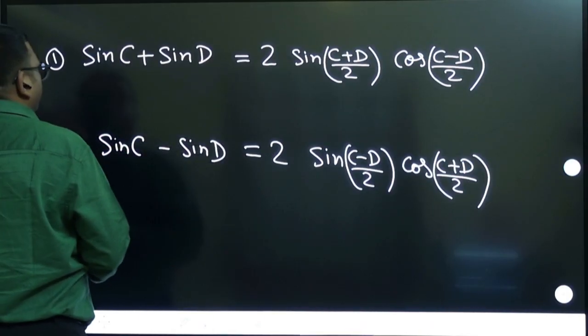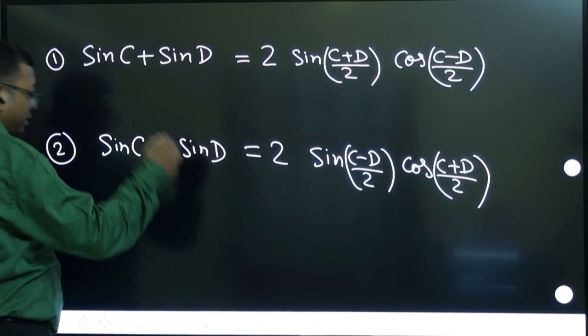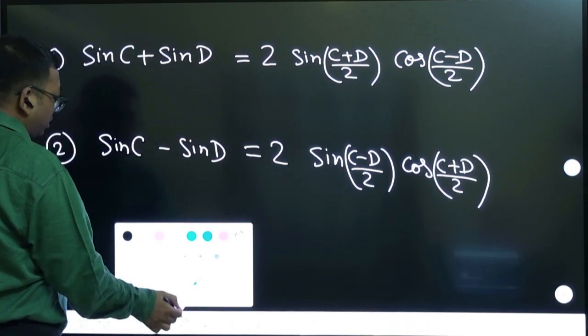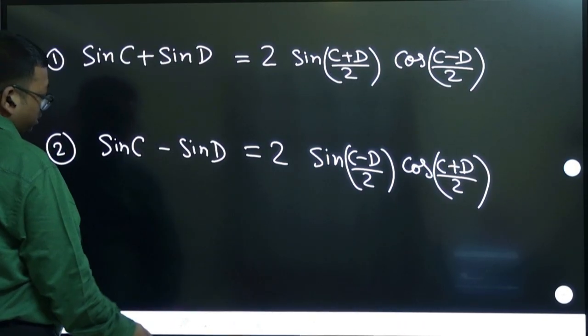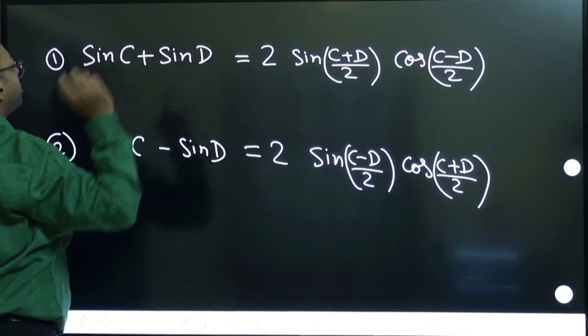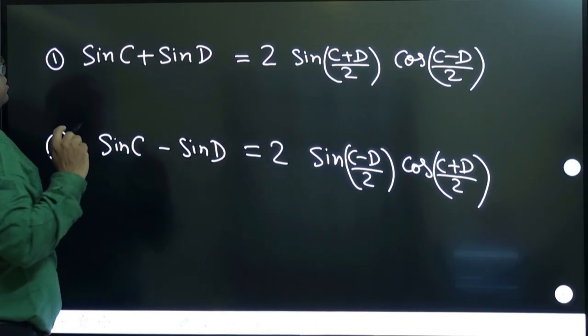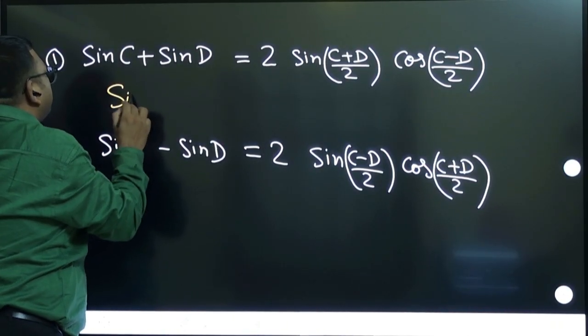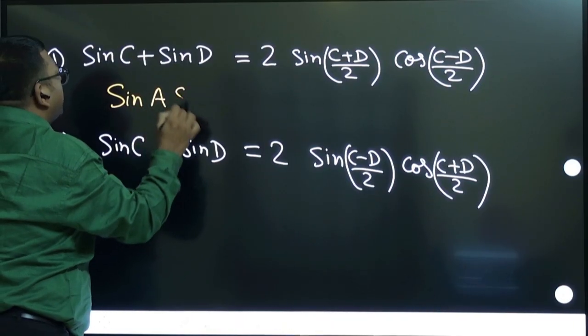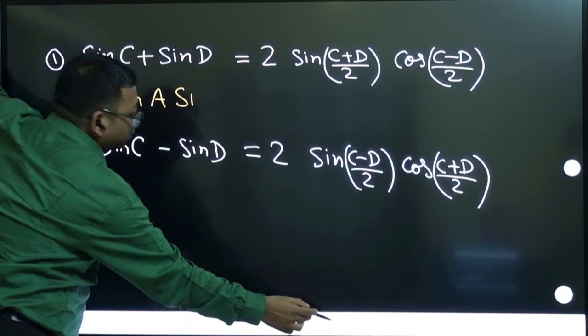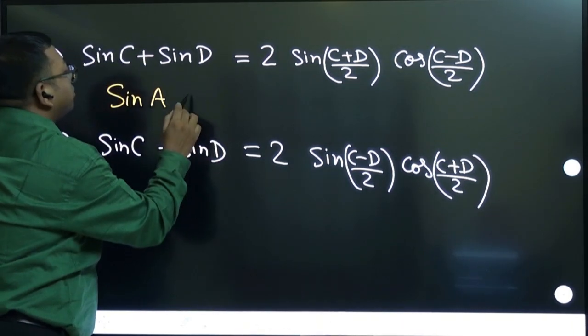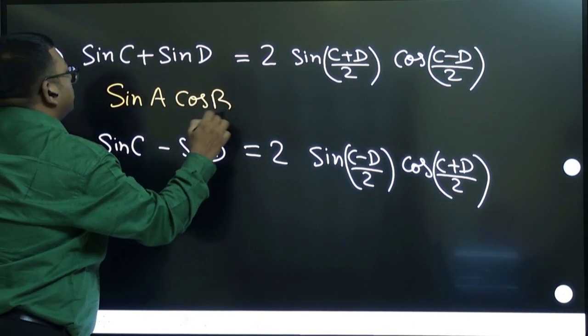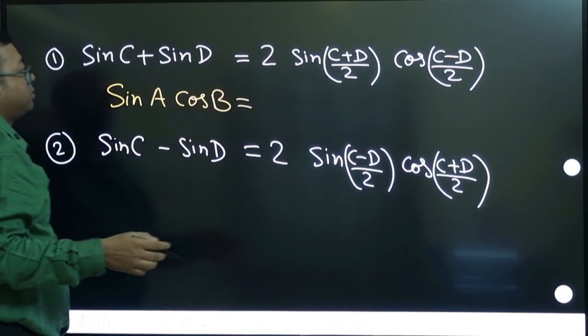Then what? Then here the reverse, or corollary, we have to know. Corollary is, suppose I have sin A into cos B. Corollary means reverse of this.